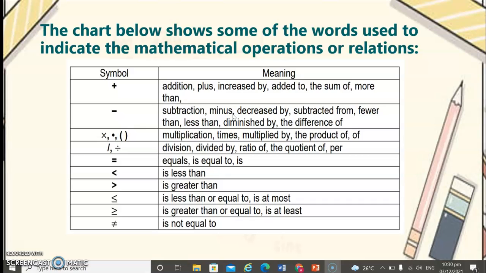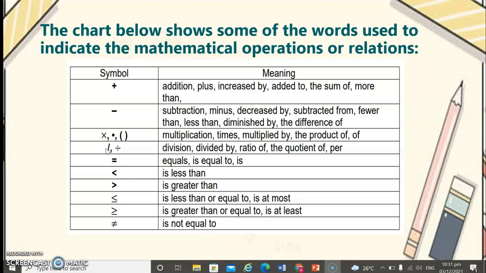This symbol means subtraction, which we all know is the minus sign. Here we have x, dot, and open and close parentheses. This means multiplication: times, multiplied by, the product of, or simply the product of, without the word of.